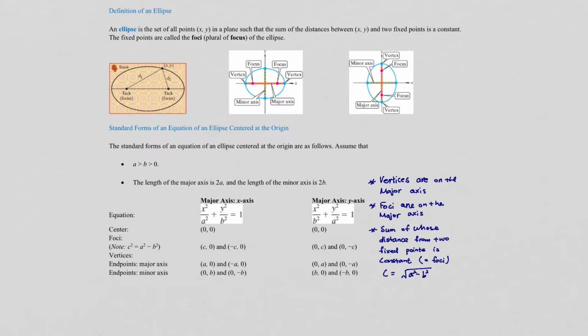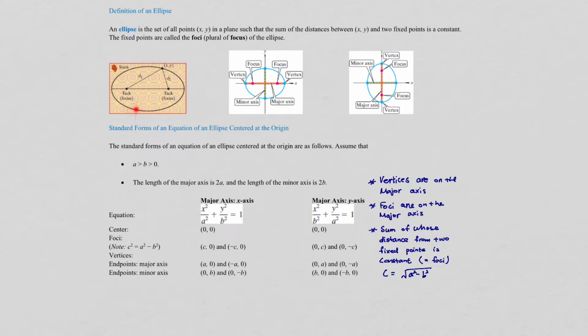And we know that the sum of the distances from two fixed points is constant. So what it means is, let's say these are the two focus points, and if we pick this point right here, the sum of these two distances is going to be constant, as with any other point on your ellipse.